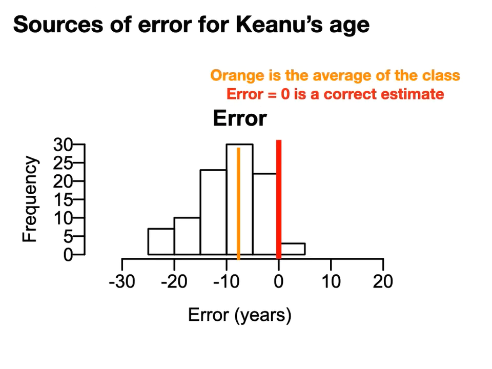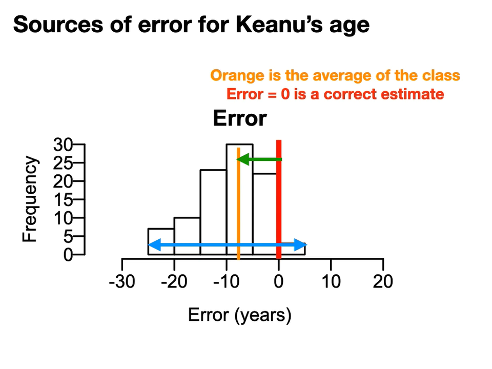So let's zoom in on sources of error for Keanu Reeves' age guesses. Orange is the average error for the class, and if the error was 0, that would mean a correct guess. We can look at the spread in this distribution of estimates. In blue, how wide is that distribution of estimates?